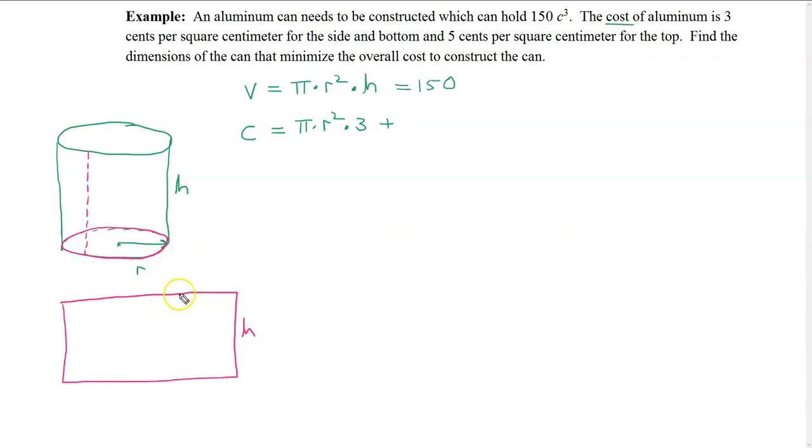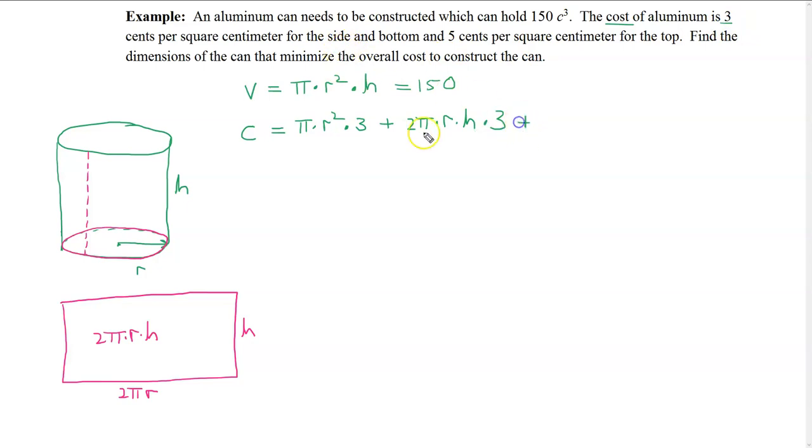That's going to be the length of this side right here. So what's the circumference of a circle? Well, it's pi times diameter, or 2 pi r. So the area of the side is 2 pi r h. So the cost of the side of the can is then going to be 2 pi times r times h. And we need to multiply that by 3, because it's 3 cents for the side as well.